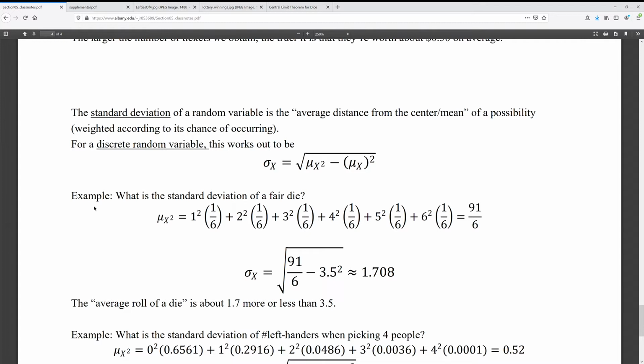The standard deviation of a random variable, as distinct from the standard deviation of so many numbers, S, in section 2, is the average distance from its balance point.